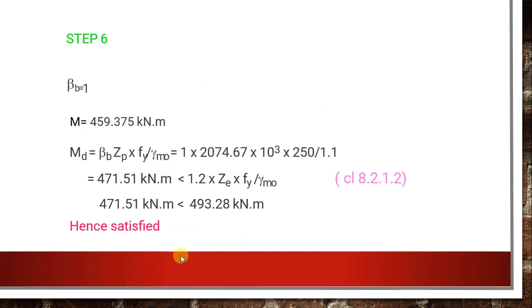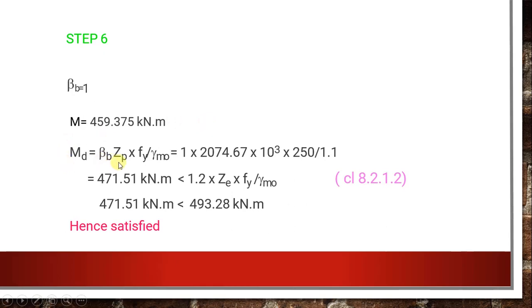Now, moving forward to the bending criteria, that is step number 6. As I already calculated, the bending moment is 459.375 kilonewton meter, which is caused by the external loading. Now you have to calculate the design bending strength.